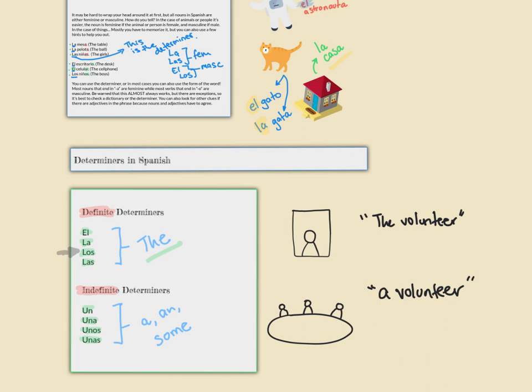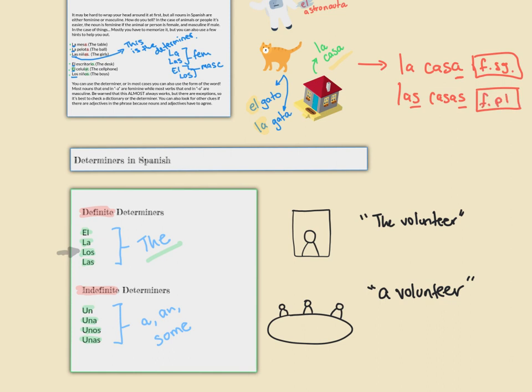So if you have a noun such as la casa, because it's feminine and singular, so there's only one house, whatever adjective I put here needs to be feminine and singular as well. If I had las casas, you would have a noun that is feminine and plural, and then you will have an adjective as well that is feminine and plural.